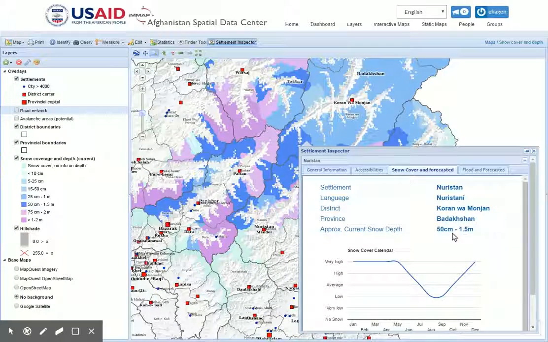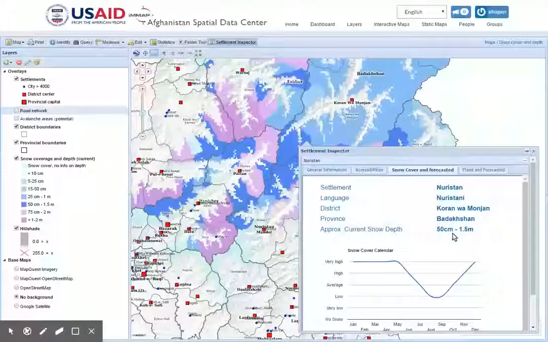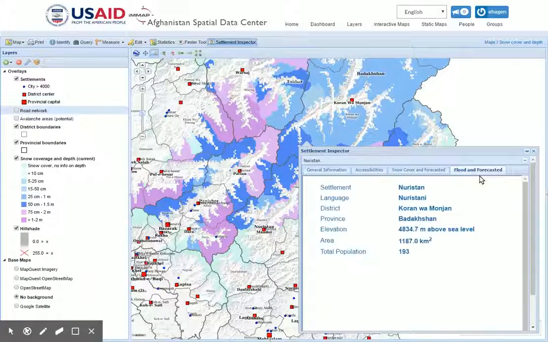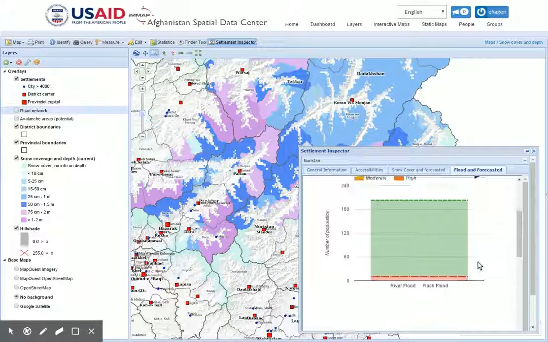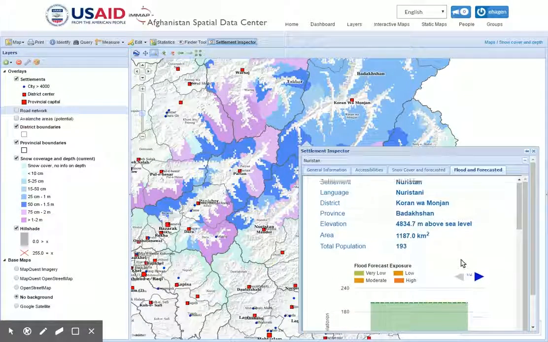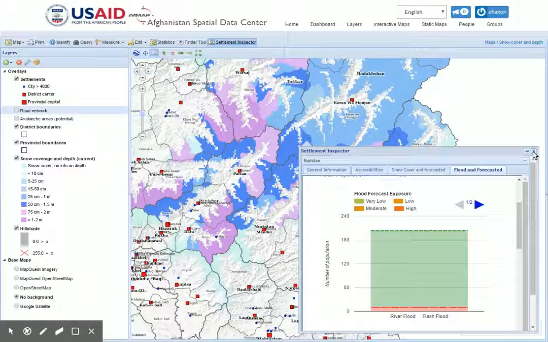So a snow water equivalent of 15 centimeters would result in 1.5 meters of snow, based on the compactness ratio of 1 to 10. Now, if we have compacted snow, we use a ratio of 1 to 5, and that would approximately result in this case in 50 centimeters. Is there any flood risk in this village? Very low. Only 10 people are potentially at risk of a flood occurring in this settlement.